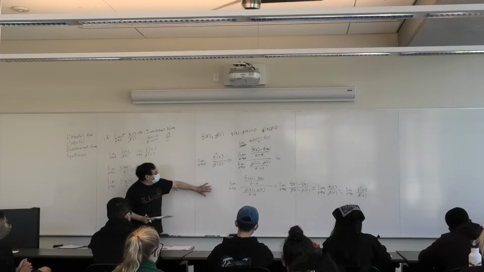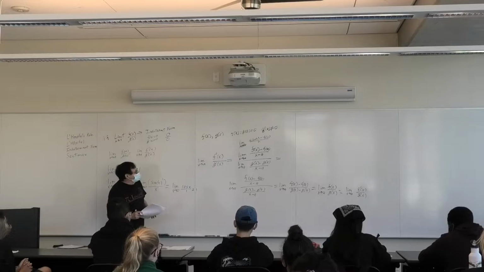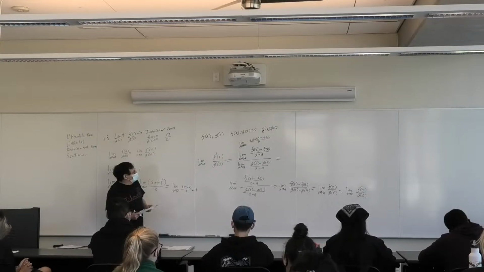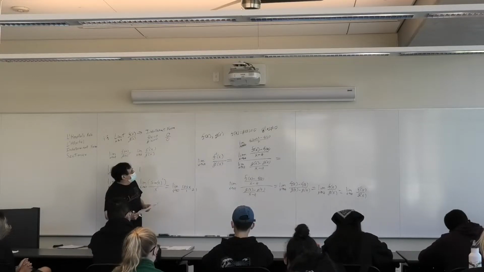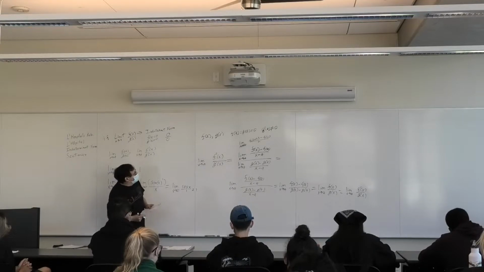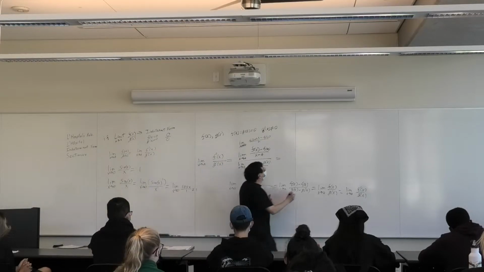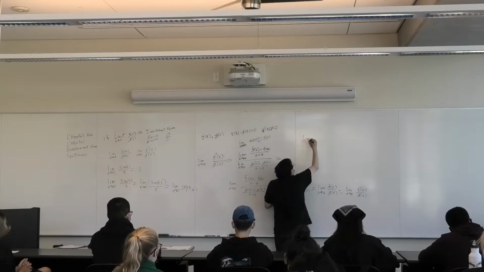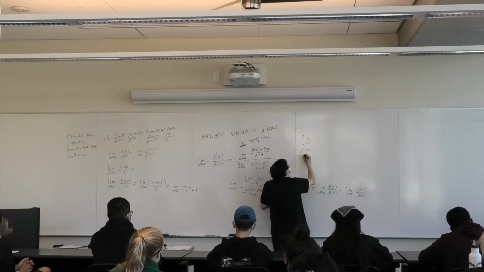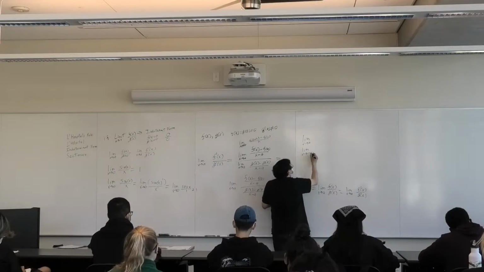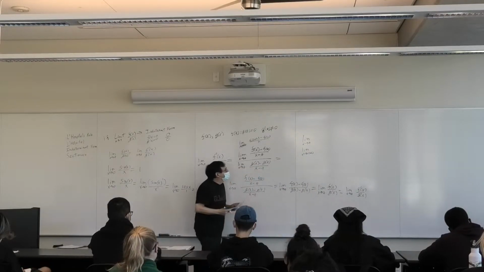Now this again is not a complete proof of L'Hopital's rule. With L'Hopital, you can have either a limit at a constant, or a limit at either negative infinity or positive infinity.